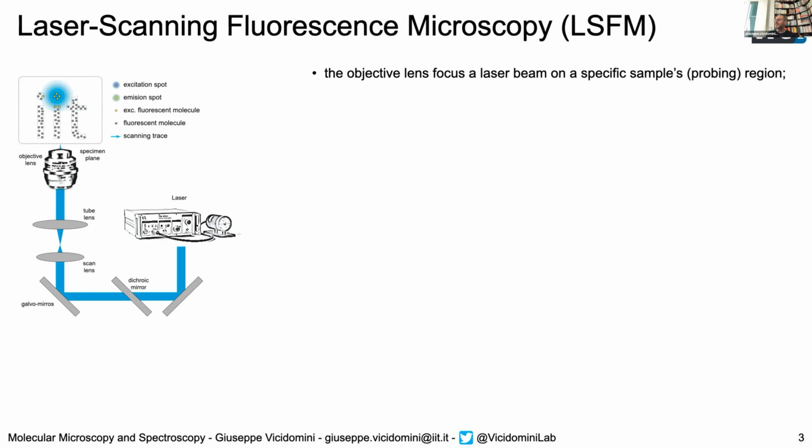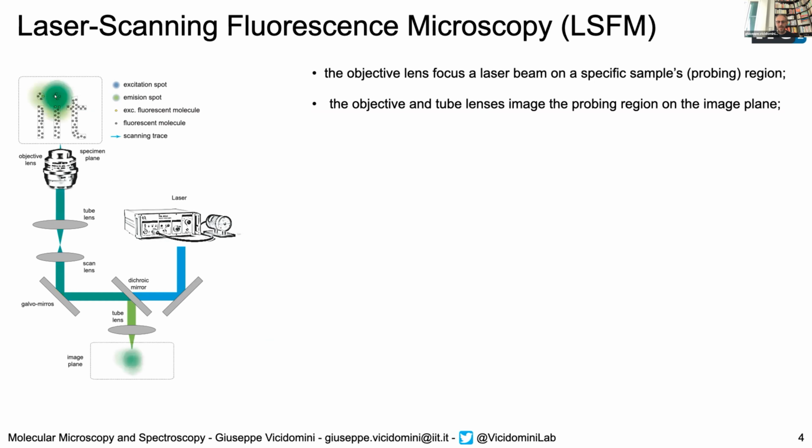First of all, you have a laser beam, depicted here in blue, and you use an objective lens to focus such a beam into a specific position of your sample. All the molecules within this specific position, which is typically diffraction limited, in the range of a few hundred nanometers, and which we also call the detection volume, probing volume or excitation volume, emit light simultaneously.